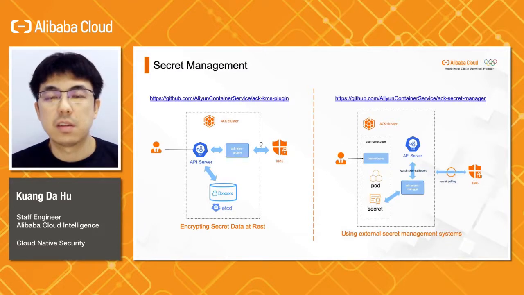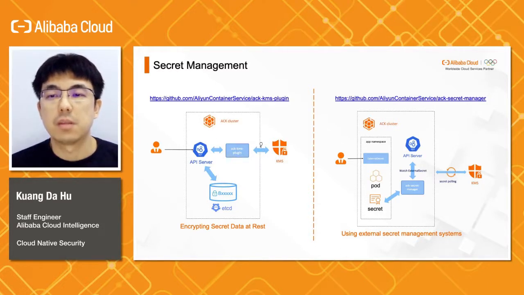Security management is essential to enterprise container applications on the cloud. For the security management solution, we have the ACK KMS plugin, which is based on the Kubernetes encryption provider framework. Users can encrypt security data at rest with a customized key in the KMS service.